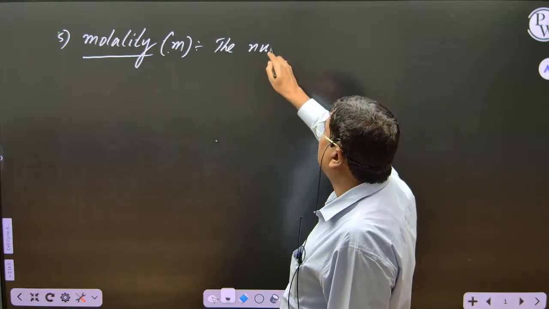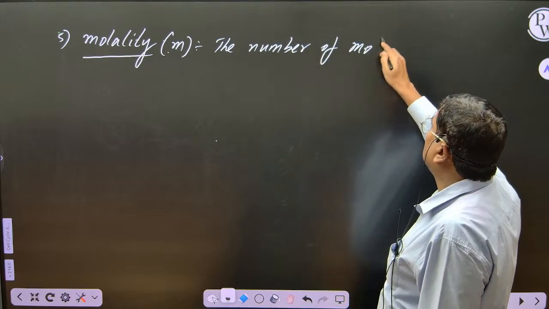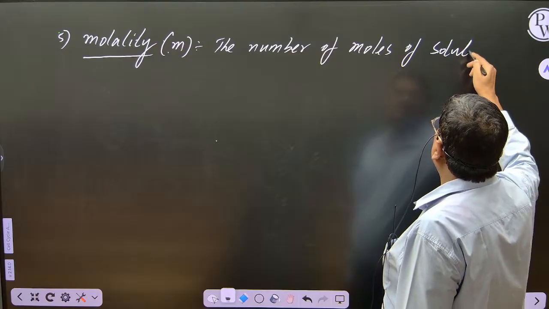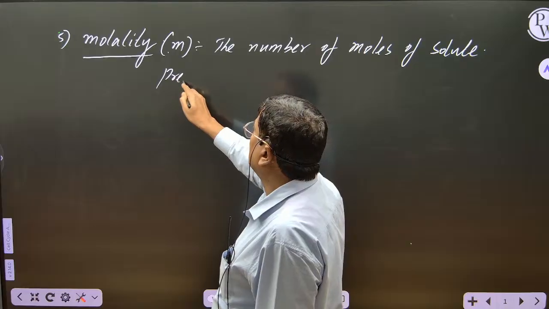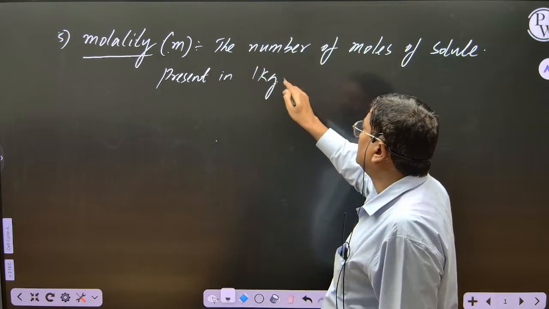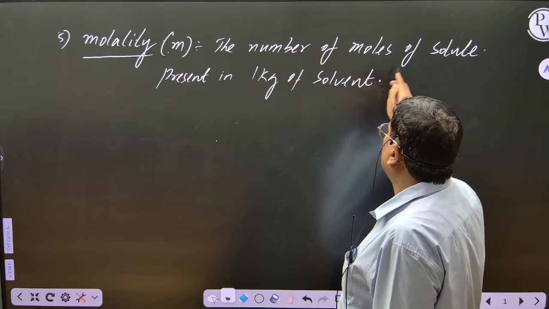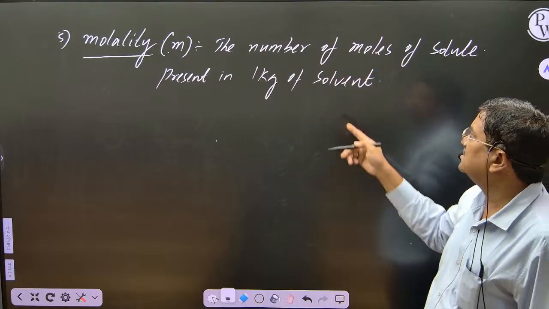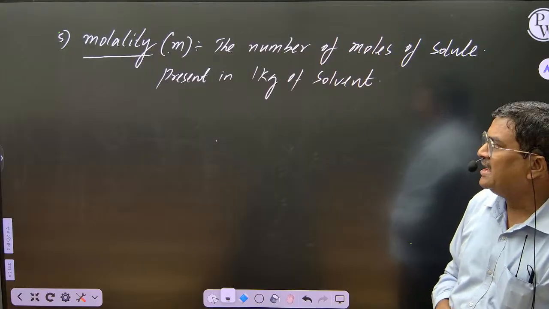The number of moles of solute present in 1 kg of solvent is known as molality. Understood? How many moles? The number of moles of solute present in 1 kg of solvent is called molality.